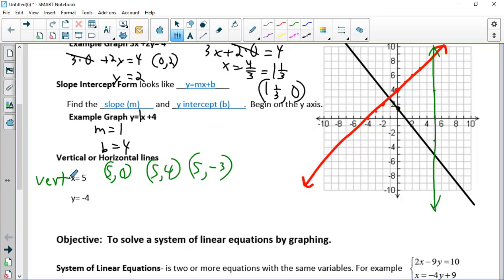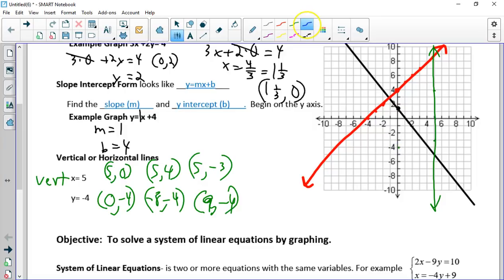Consequently, on y equals negative 4, you can guess what it's going to be. y is always negative 4. So if x is 0, y is negative 4. If x is negative 8, y is negative 4. And if x is 9, y again is negative 4. So, 0, negative 4.